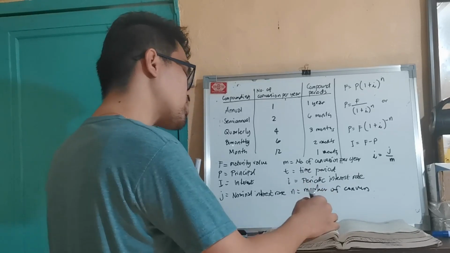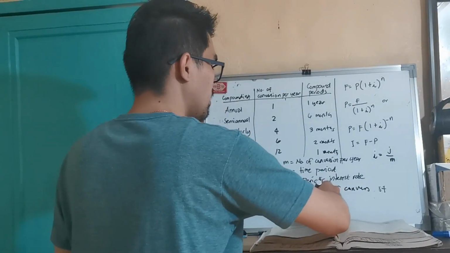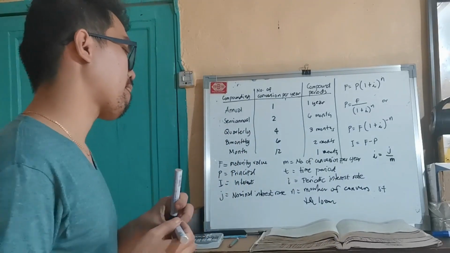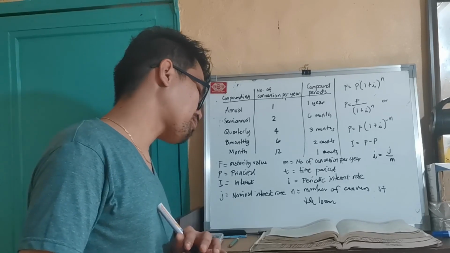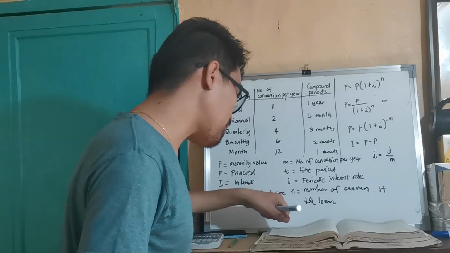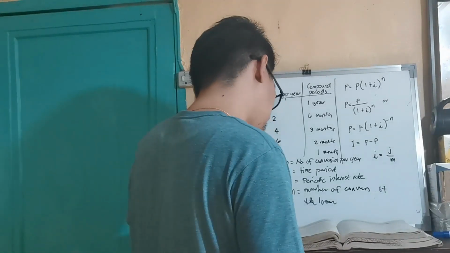The number of conversions of the loan. Okay? But later on, there is also a computation for M and a computation for N. Wait, where is the N here?